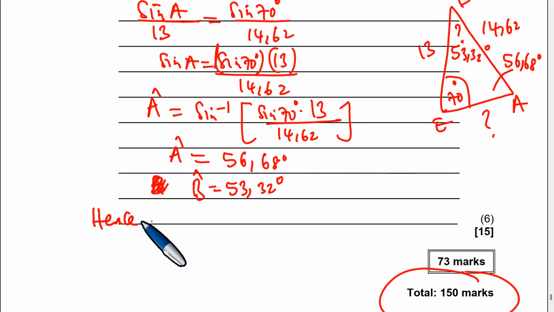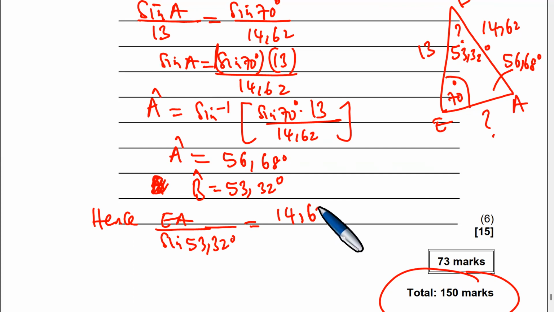Hence, by the sine rule, we have EA over the sine of 53.32 degrees is equal to, I know that you're thinking too much and you might be sleepy already, so you can take any of the sides, 14.62 divided by the sine of 70 degrees.